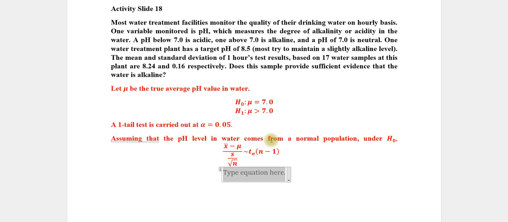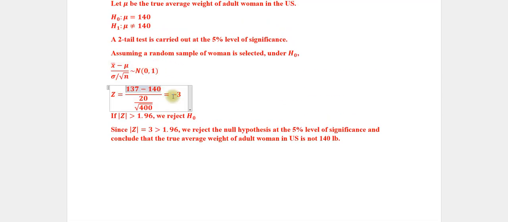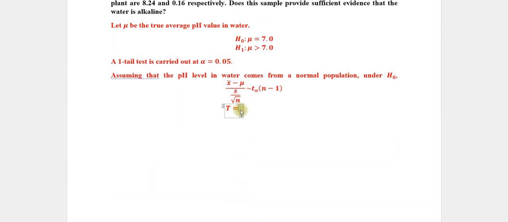And then the next thing is to calculate the test statistic. When you calculate the test statistic, we won't call it Z now, but we call it T, obviously. To make things easier again, I'll just put this down there and then do the computation.